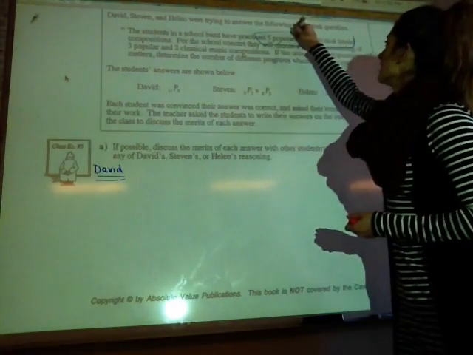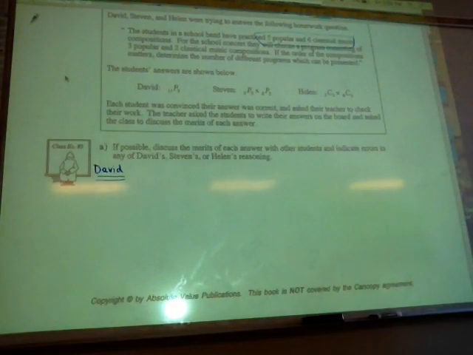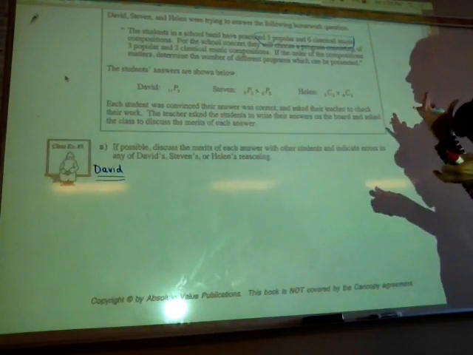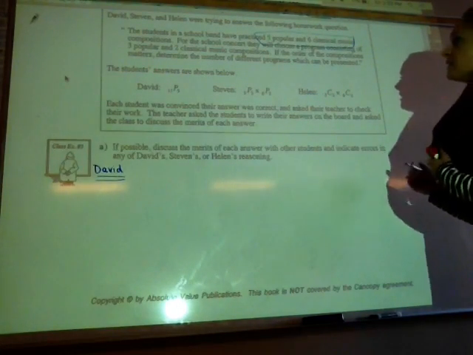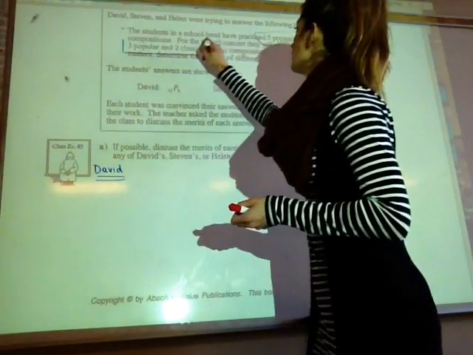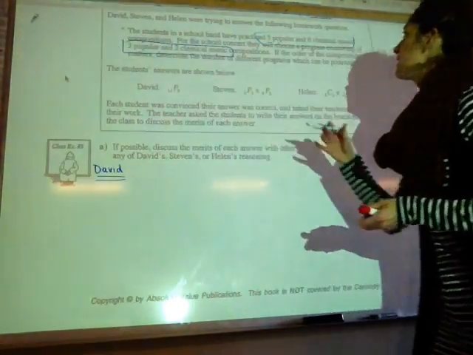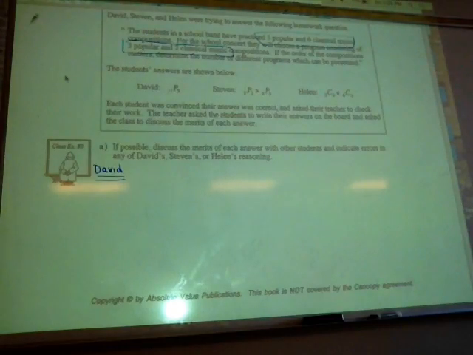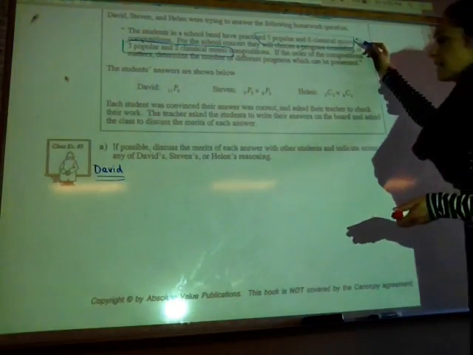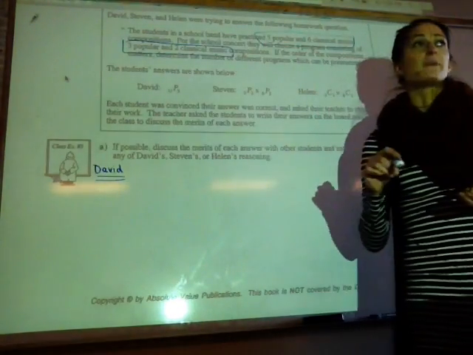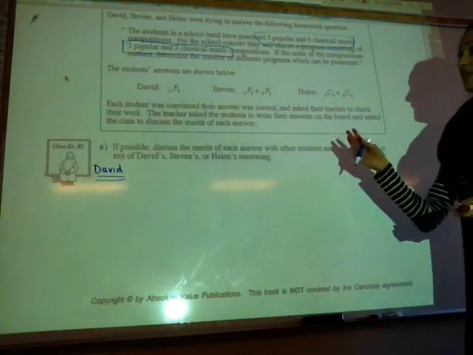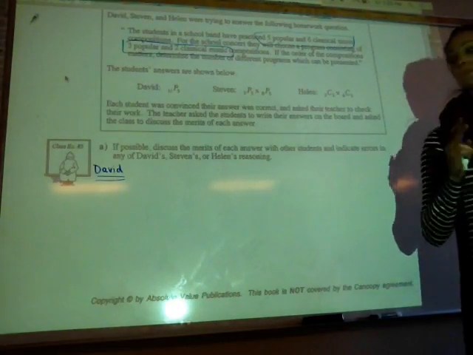Okay, 6 popular and 5 classical compositions. So that's where he's getting the 11, because that's what they've practiced. And then he took the 3 popular and 2 classical compositions that need to be in the program. So of the 11, he's thinking, well, you've just got to pick 5 of them. But we need 3 popular and we need 2 classical.